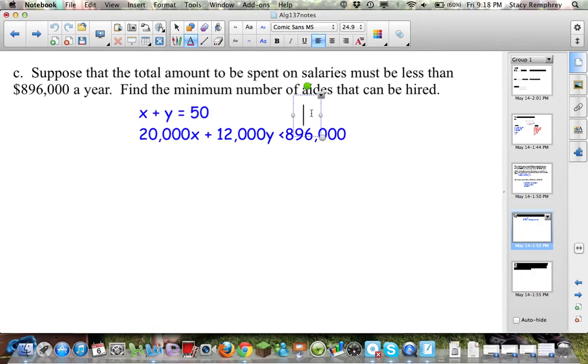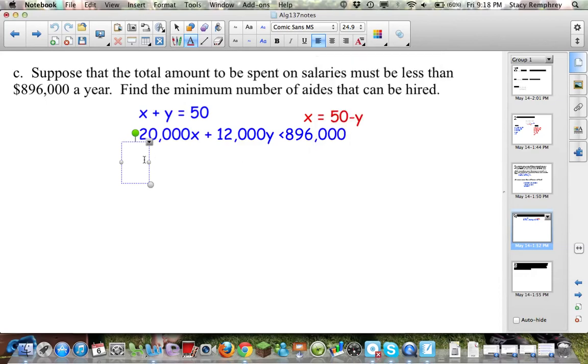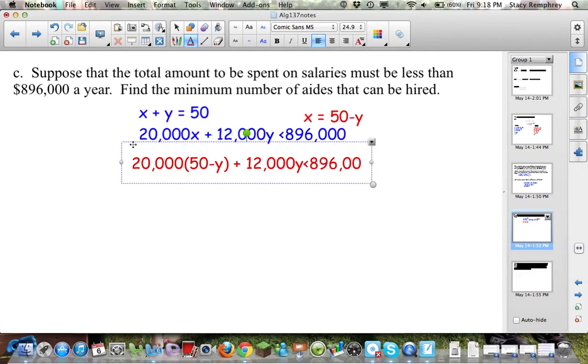So I'm going to take the equation, I'm going to solve it for x, so that I'll only have y's left when I substitute. So I'm going to take 20,000 times 50 minus y plus 12,000 y is less than $896,000.